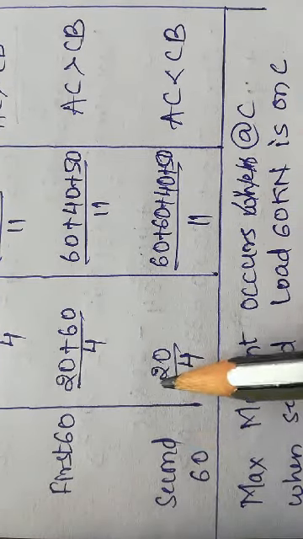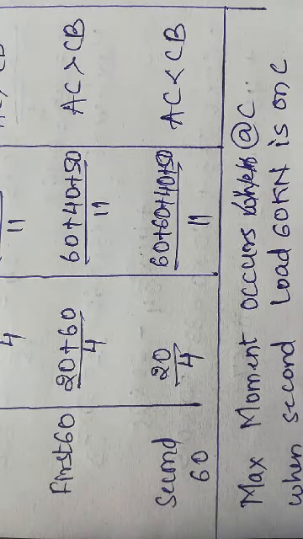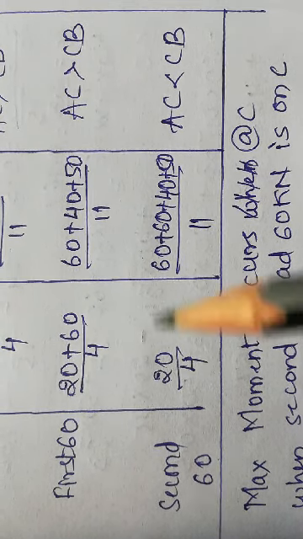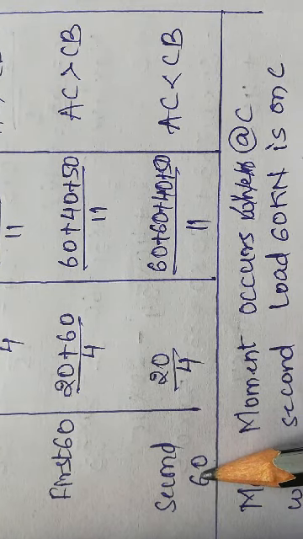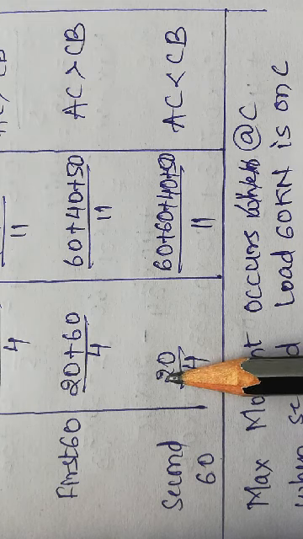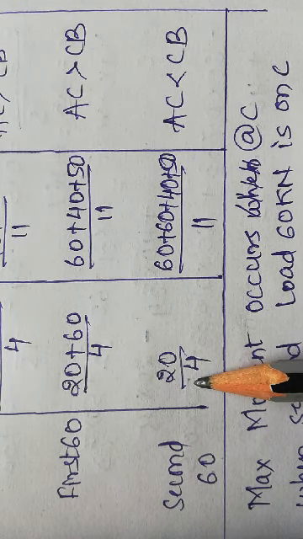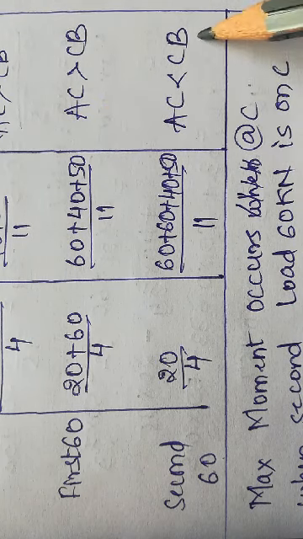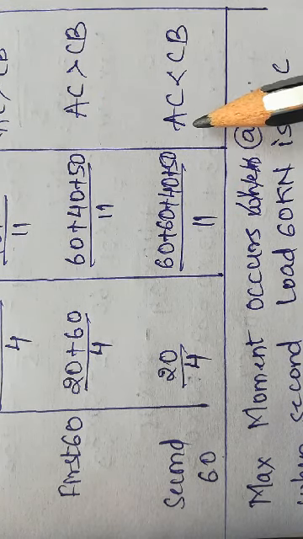Next, we again allow the second 60 kilonewton to pass point C. When the second 60 kilonewton passes point C, only one load will be present in AC section, and that is 20 kilonewton.